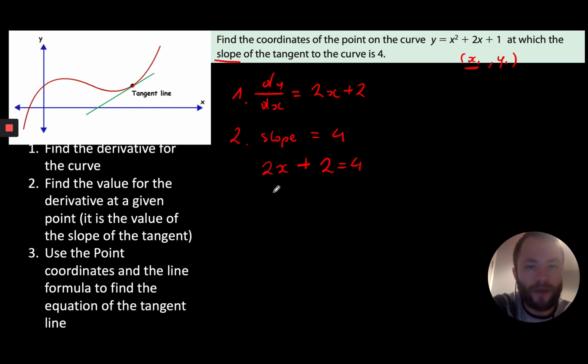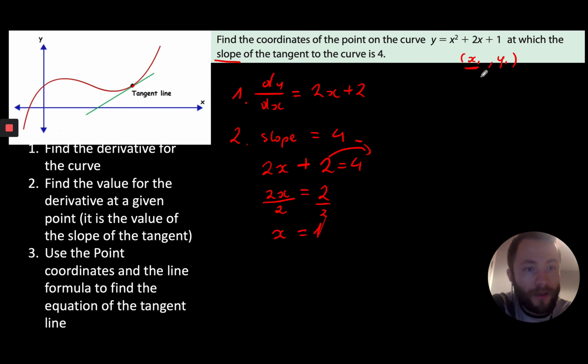Now I need to solve an equation. So 2x equals 2. Move number 2 onto this side with an opposite sign. So then divide both sides by 2. And I'm ending up with x equals 1. So the value of the slope of the tangent line is equal to 4 for x equal to 1.